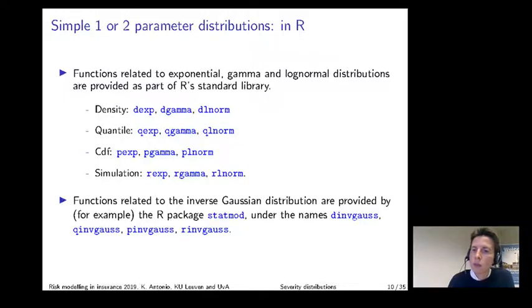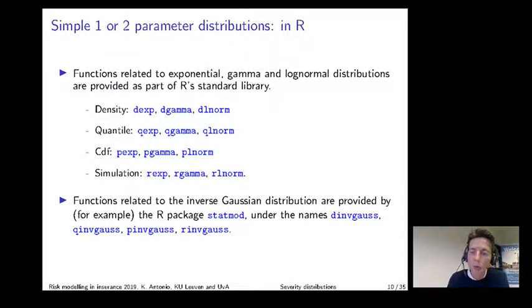Distributions that are slightly more exotic, such as the inverse Gaussian distribution, may require the installation of additional R packages, like the statmod package or the actuar package, in order to have similar functionalities available for these more exotic loss distributions.